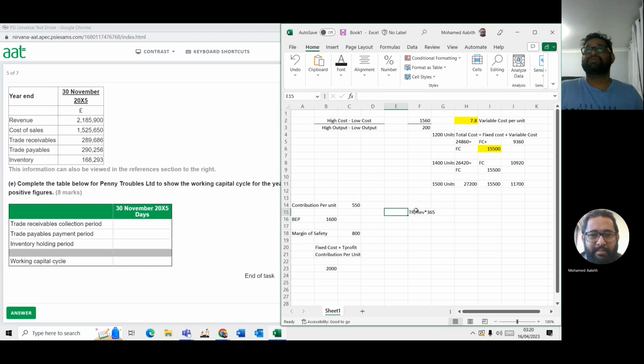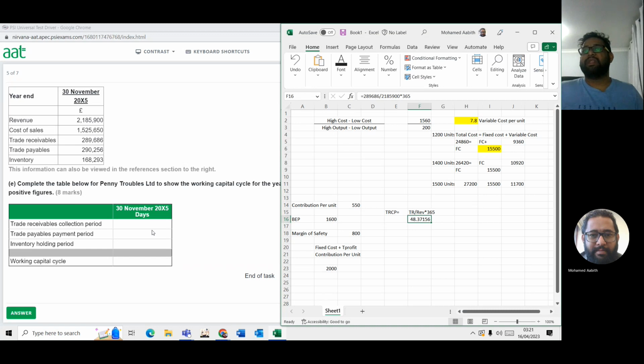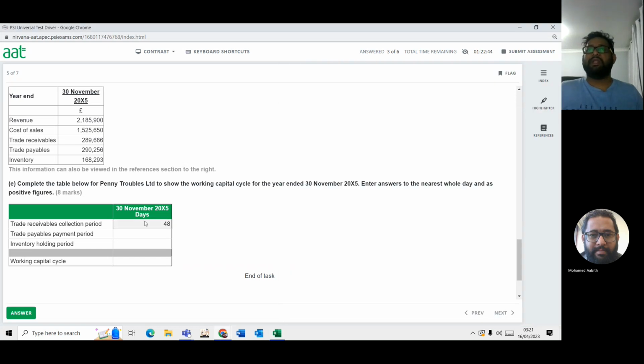This is how the trade receivables collection period, TRCP, is calculated. The numbers I have now are 289,868 divided by 2,185,900 multiplied by 365, and I have at the moment 48 days. They want you to do the nearest whole day. The nearest whole day is 48 days. So let's put that here, 48 days.